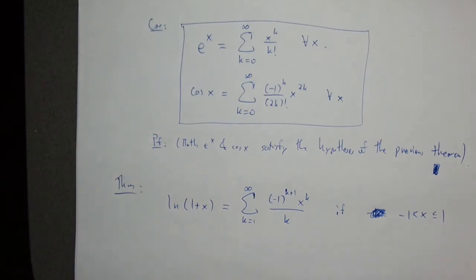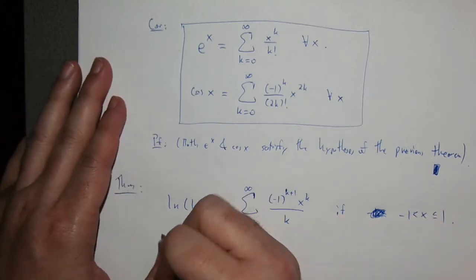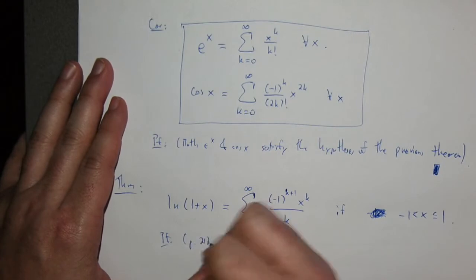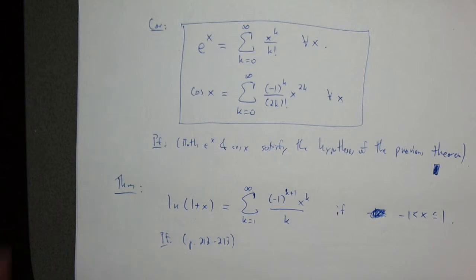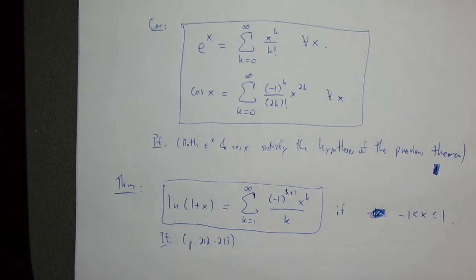You can do this with a little bit of work in this theorem. If you want to see the actual estimate on how this works, you should look at the proof. You can see this on pages 212 and 213, I think. This is just providing us with the power series expansion for natural log. Of course, you might say I left out sine here.